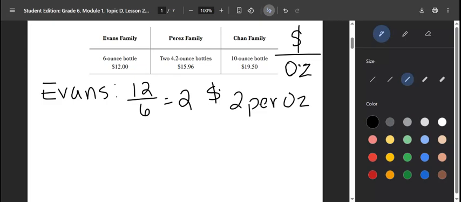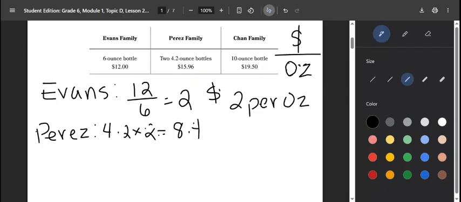All right, and then the Perez family, they buy two 4.2-ounce bottles. So 4.2 times 2 is 8.4 ounces.